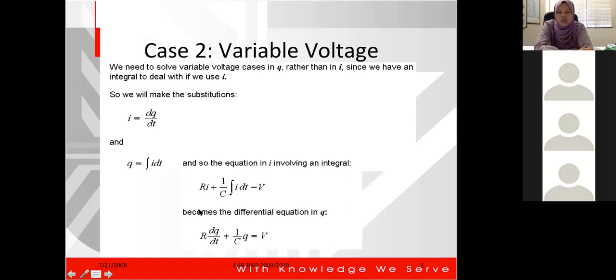So when you substitute I with dq dt, you akan dapat R dq dt plus 1 over C Q equal to V. Okay, ni bila you differentiatekan using the differential equation lah. So this is the equation when you use a variable voltage inside the circuit that has capacitor.